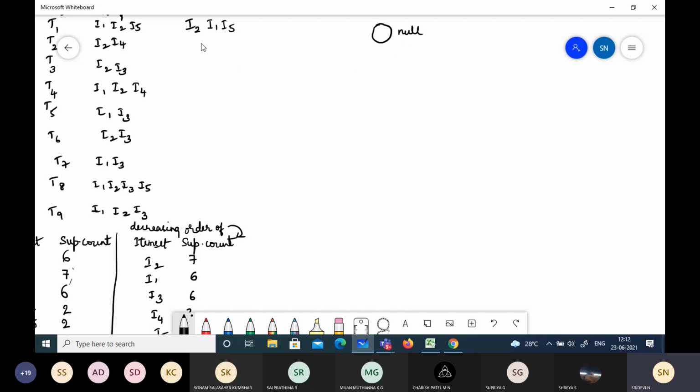Then, which is the first item? The first item is I2, and it is occurring for the first time. So we'll note down the count, how many times it is occurring. So I have I2, and then what's the next item?